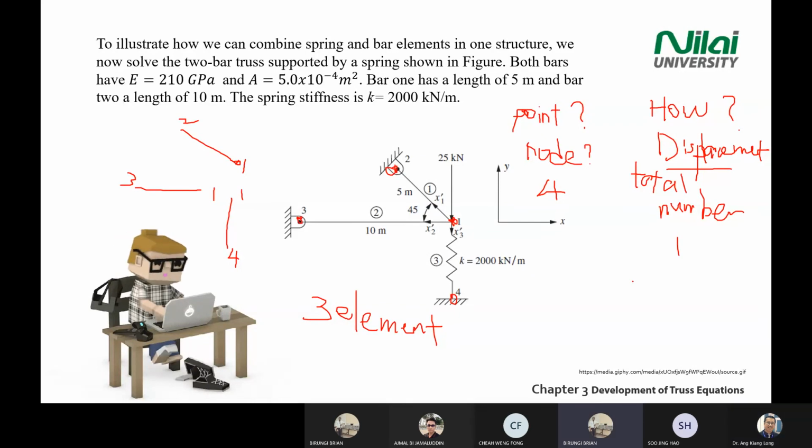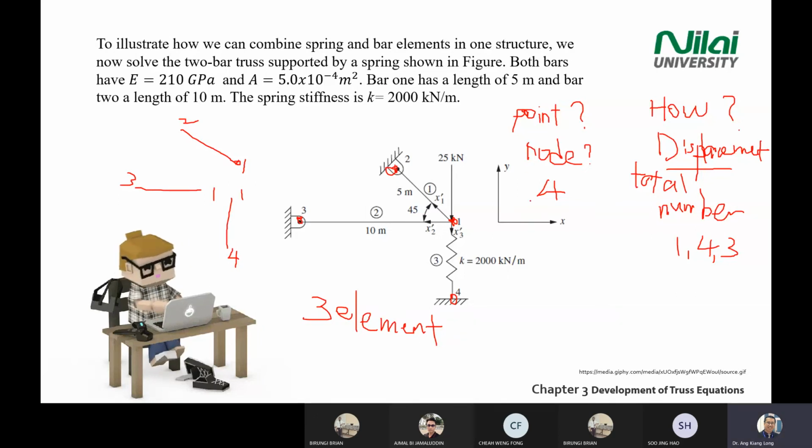At point 1 is a displacement. Okay, let me try. What about Sue? What do you think? How many displacements do you have? 4. Okay, your answer is 4.